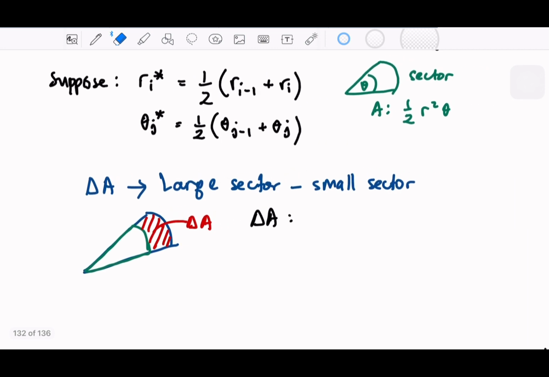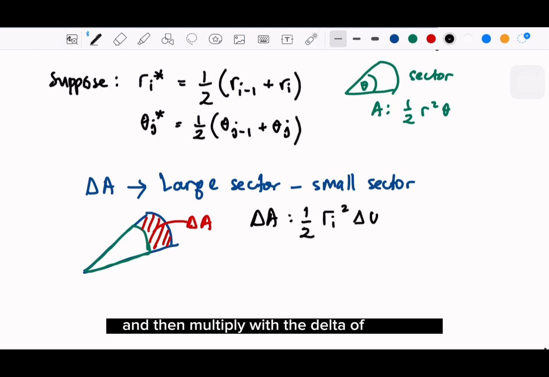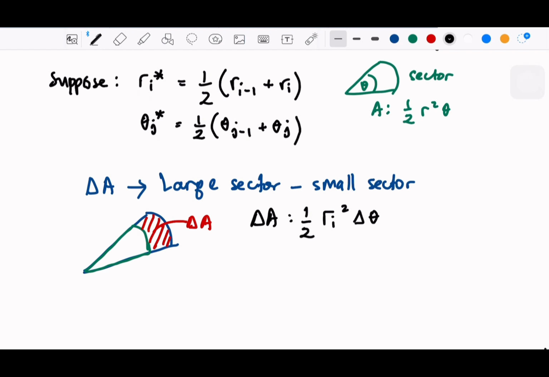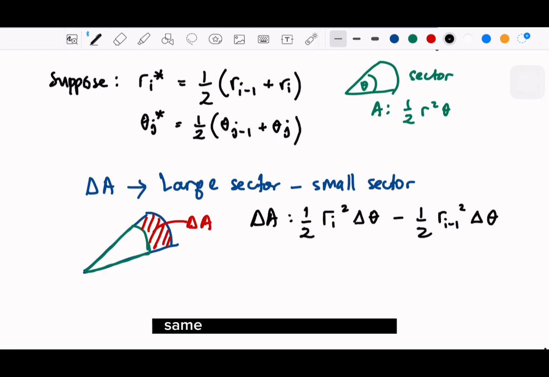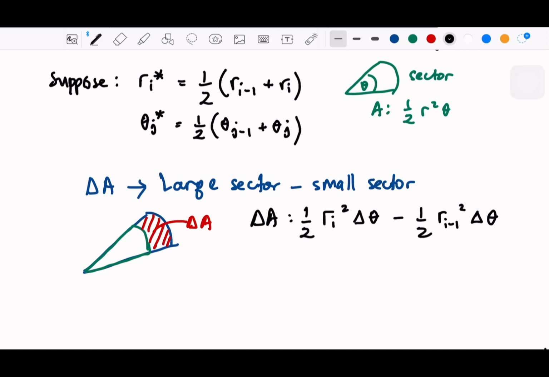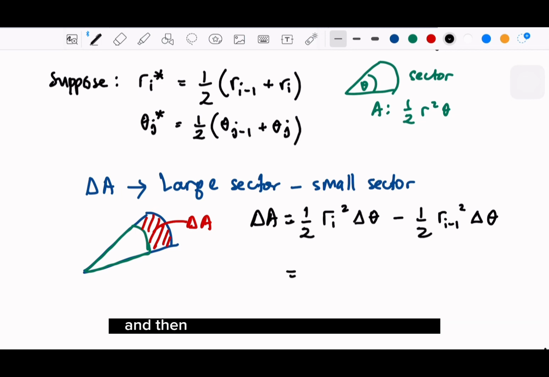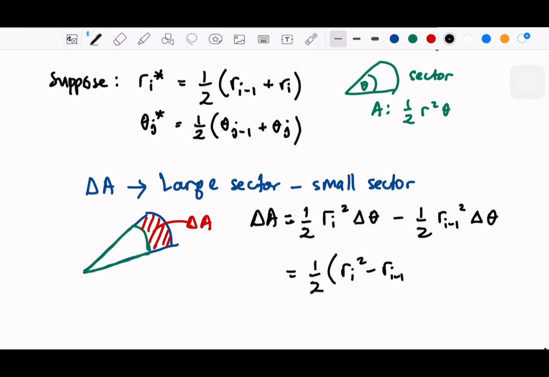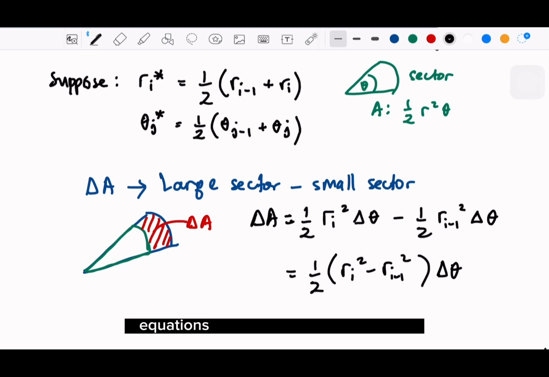So let's write that as our delta A. So half, and then multiply with the delta theta, and minus, same theta, right? Same theta. The difference is in the radius. And then this will be factorized, and we get our equation.